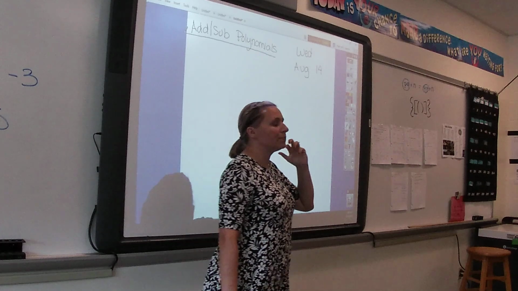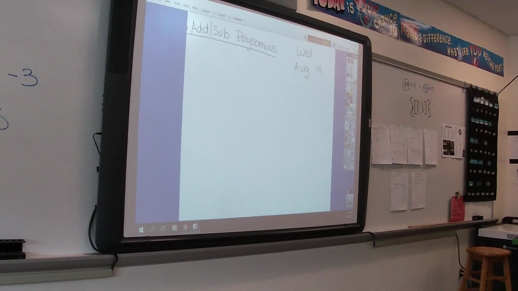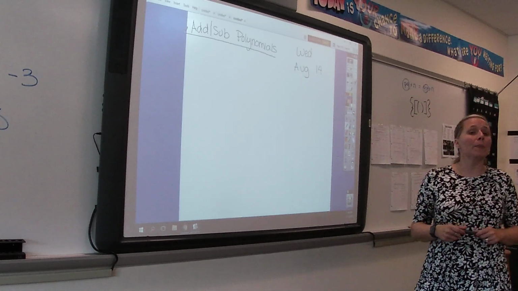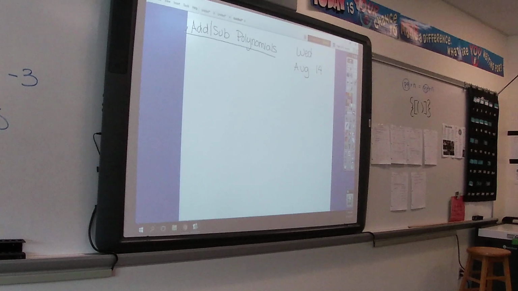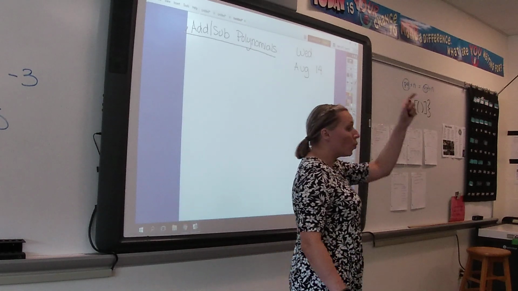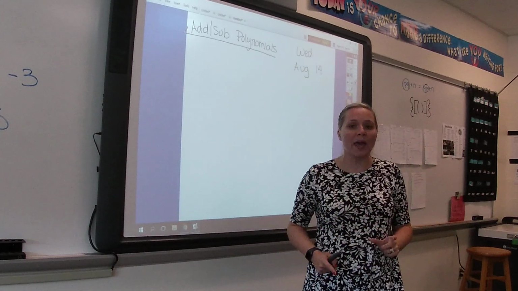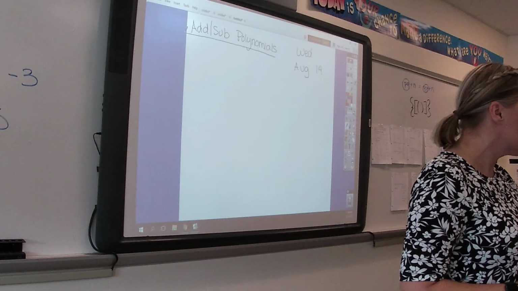What does the prefix poly mean? Multiple. Many. So when we are talking about a polynomial, we are talking about multiples of the things that we've been seeing. Everything that we've been seeing is just one thing plus one thing. Does anybody know what the prefix for one thing is?